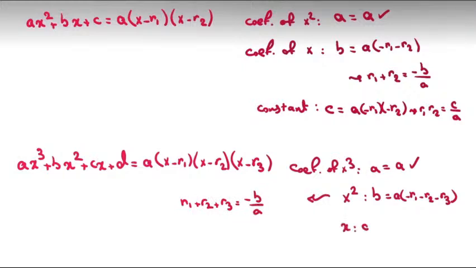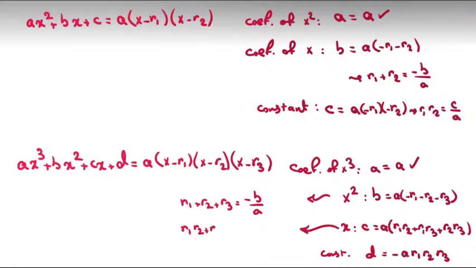If you consider the coefficient of x, left side is c, right side is a times r1 r2 plus r1 r3 plus r2 r3. If we consider the constant term, left side d, right side is negative a r1 r2 r3. So r1 r2 plus r1 r3 plus r2 r3 equals c over a, and r1 r2 r3 will be negative d over a. So we found these formulas for degree 3. For degree n, you can write exactly like this.